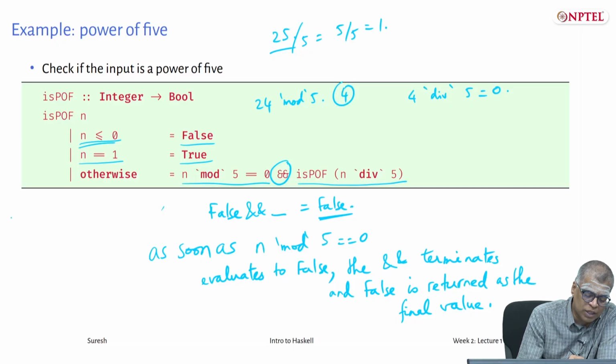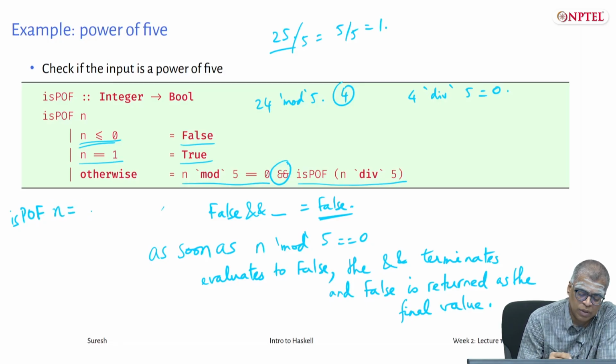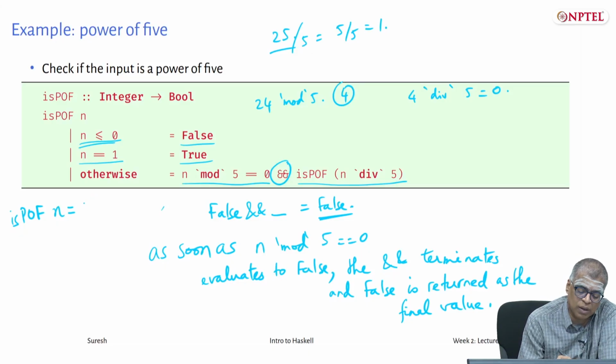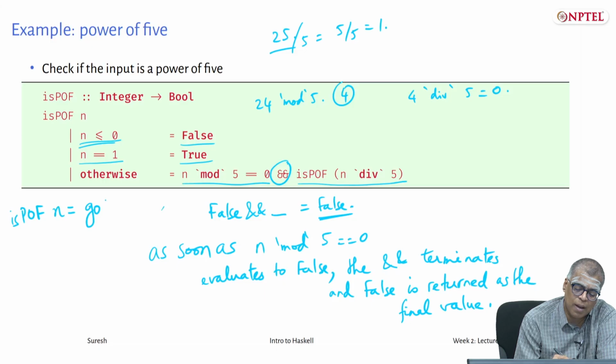So, I could do is power of 5 equals, I have to define two functions for this. Let me just call this function go for want of a better name.